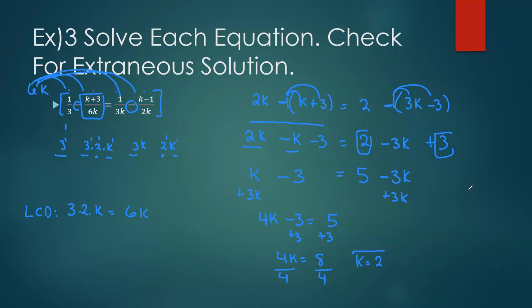Now let's check it. So plug in 2 for your K. This is going to be 1/3 minus 3 plus 2, which is 5, over 6 times 2, which is 12. And on the right, 3 times 2 is 6, minus 2 minus 1, which is 1, over 2 times 2, which is 4. So let's just use fractions. So 1/3 minus 5/12. Go ahead and put that in the calculator.